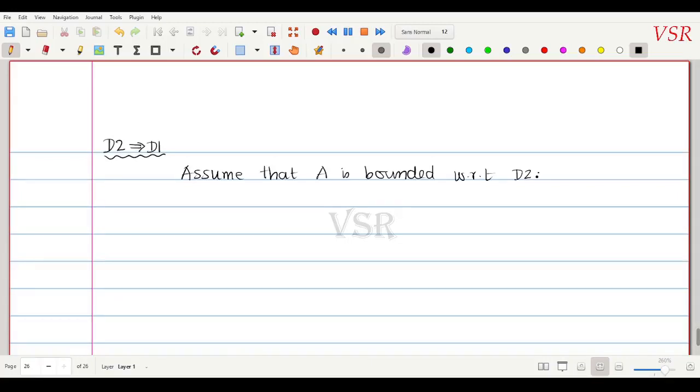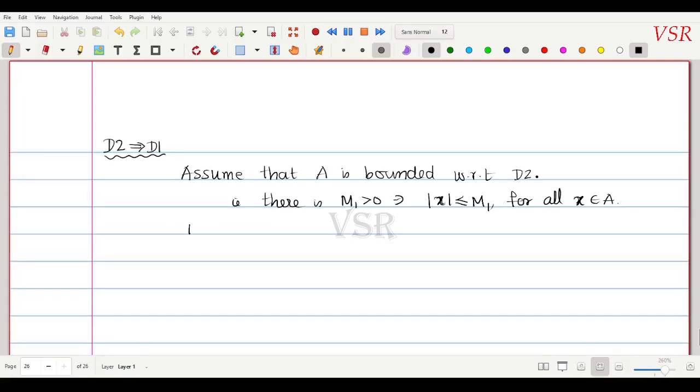What does that mean? That there is M1 positive such that modulus of the vector x is always less than or equal to capital M1 for all x belonging to A. Now what do I have to prove?